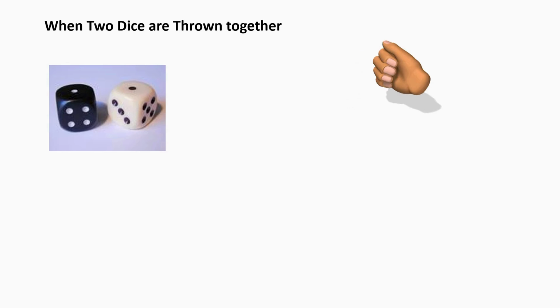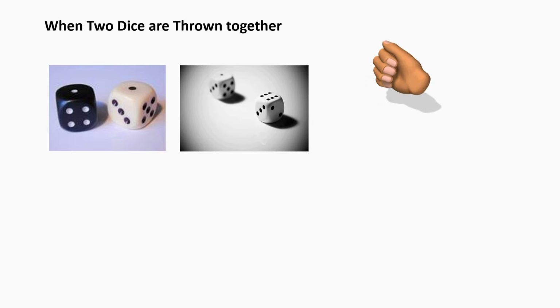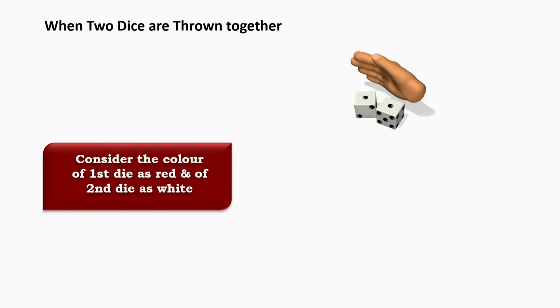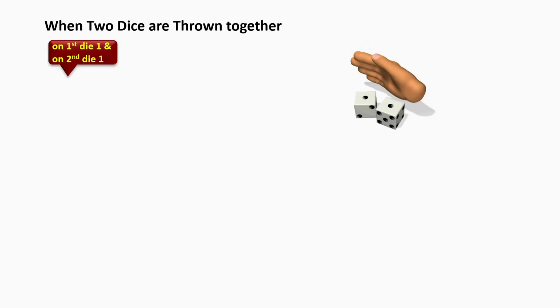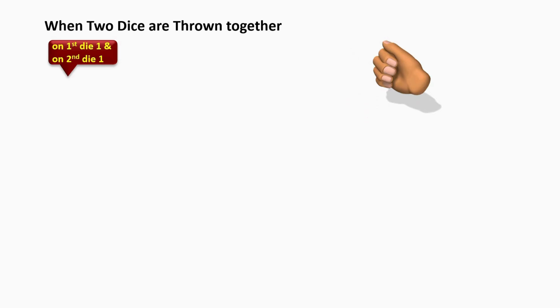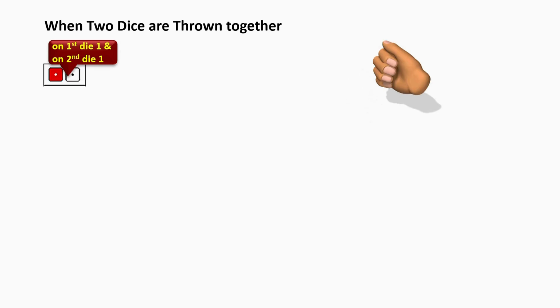So if we are throwing 2 dice together, consider the color of the first die as red and the second die as white. This will be easier for us to understand. On the first die, we can get 1, and on the second die we can also get 1. So that is the first option.